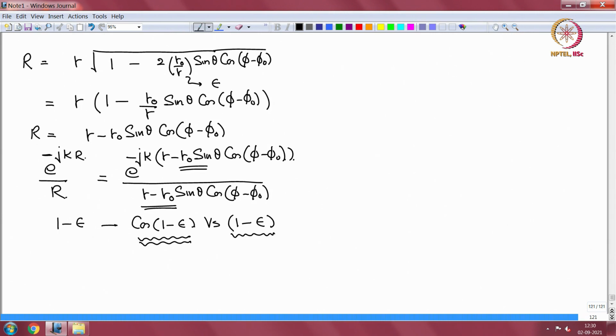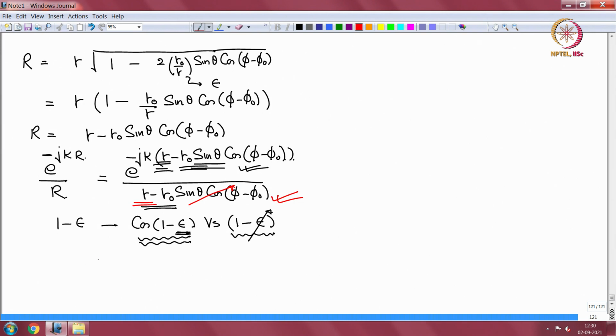So if epsilon is a small quantity, it is safe to neglect epsilon over here. It is not so safe to ignore epsilon over here where it appears as radians. So here in the numerator, even though r is bigger than r0, I will not ignore this r0 term compared to this r term. Whereas in the denominator, in comparison to r, this will be a small term I am going to ignore.